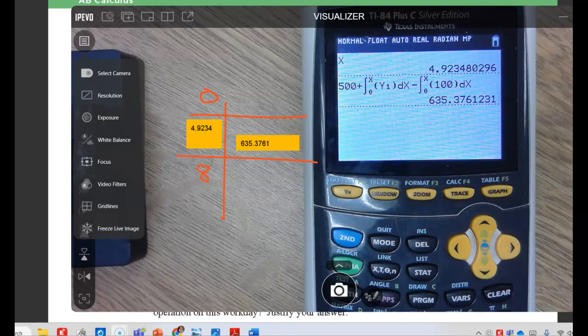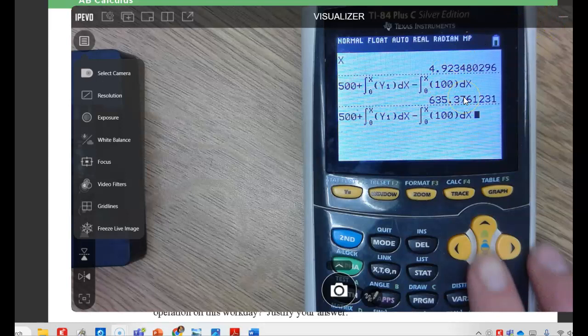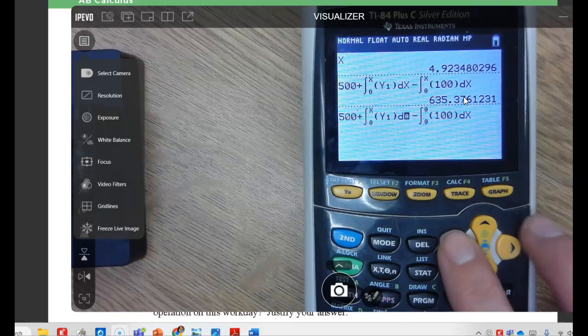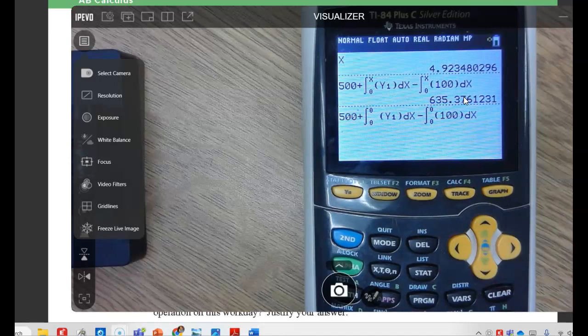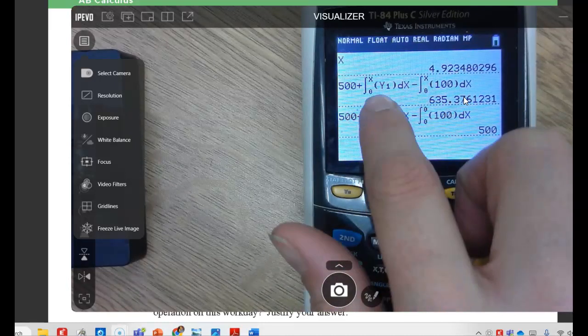Okay. And then we also want to take into account 0. So you're just going to go right back up to the function you already stored on there, and then change all of those top x's to 0. What do you know about integrating a function from 0 to 0?